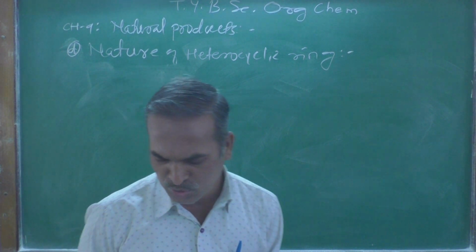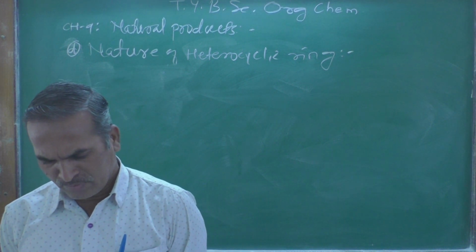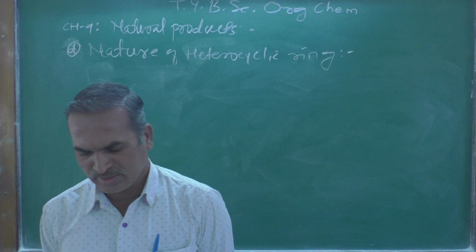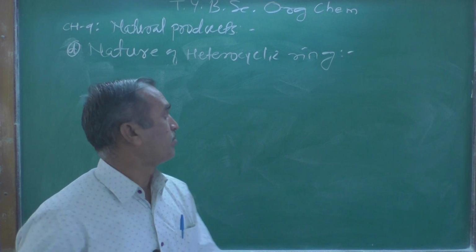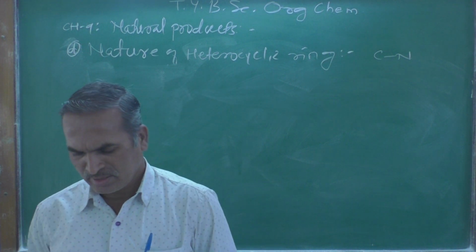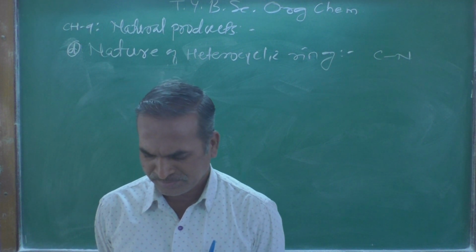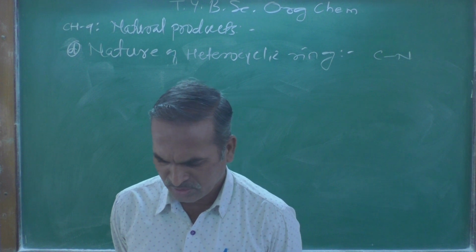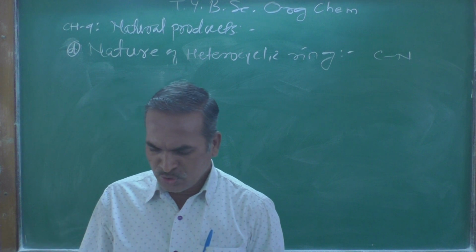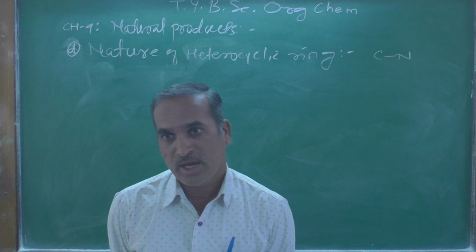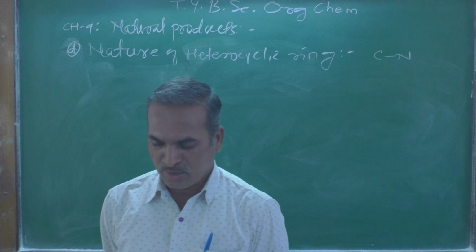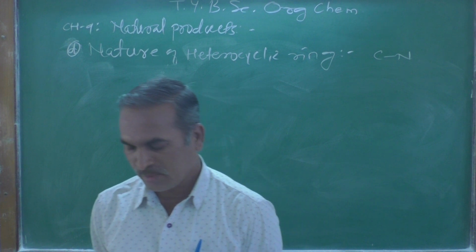Various methods are used for opening the heterocyclic rings by breaking the carbon-nitrogen bond and converting it into a saturated hydrocarbon. We know that an organic compound made of carbon and hydrogen is known as a hydrocarbon.